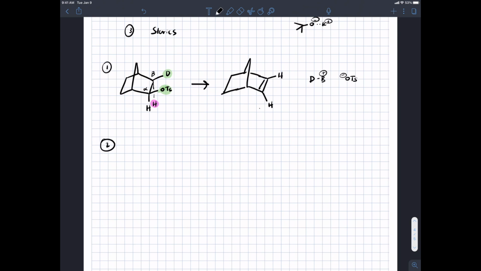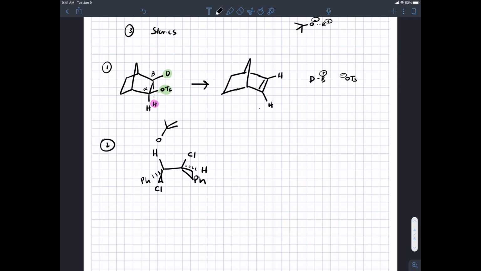Second ion pairing case, an example of that would be the following situation. This is just an example from your text.